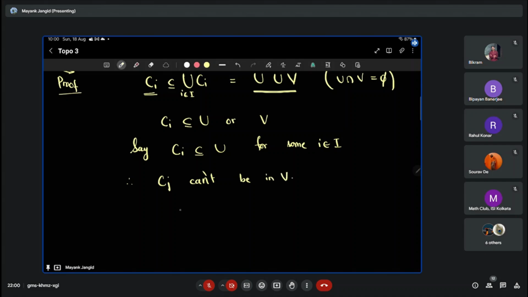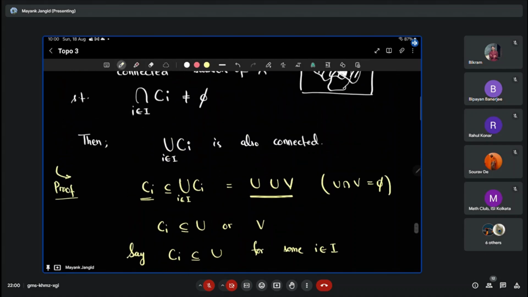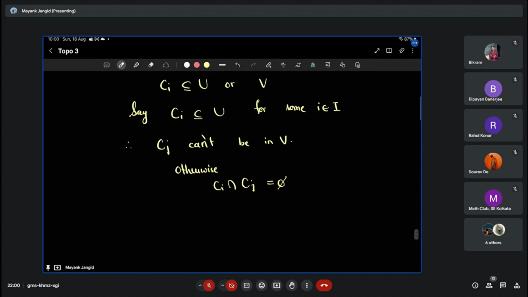This can't be in V, otherwise Ci intersection Cj will be empty. But we had a hypothesis that we have a non-empty intersection between any sets over here.